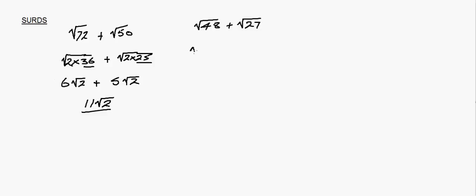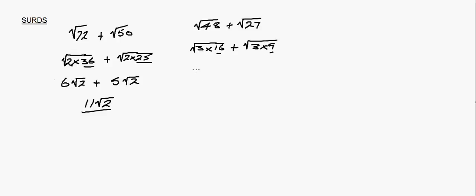So I use 3. So root 3 multiplied by, now 48 divided by 3 is 16, plus, now 3's into 27 goes 9, so I have 3 multiplied by 9. So again I have these square numbers.